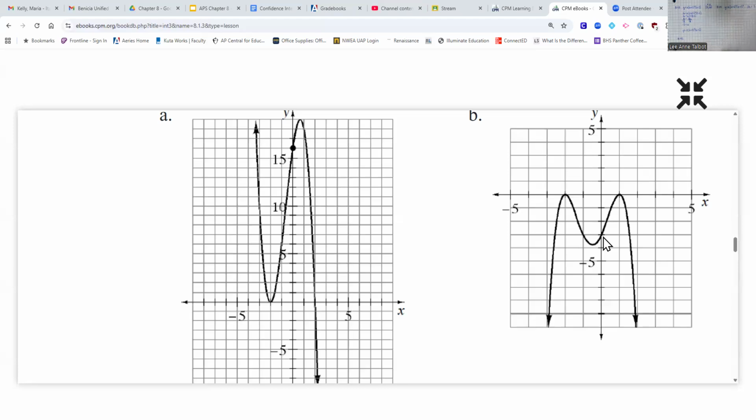I almost made a mistake. I almost called that 0, -4. That was close.